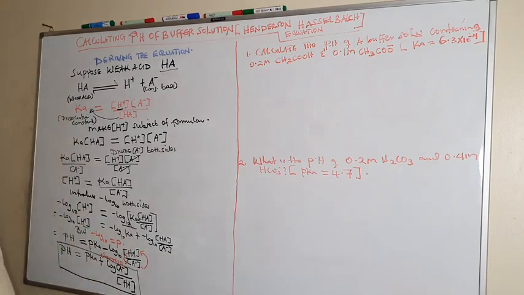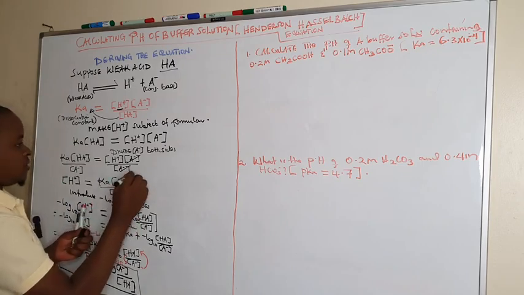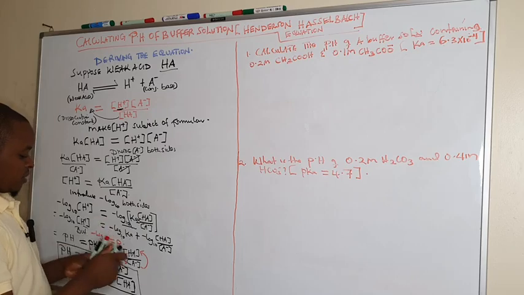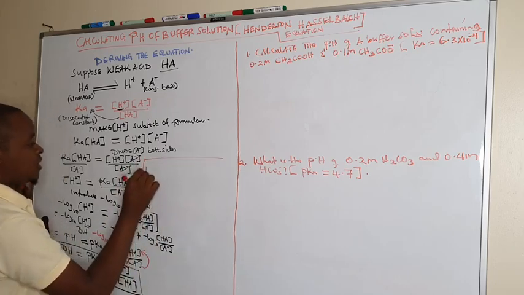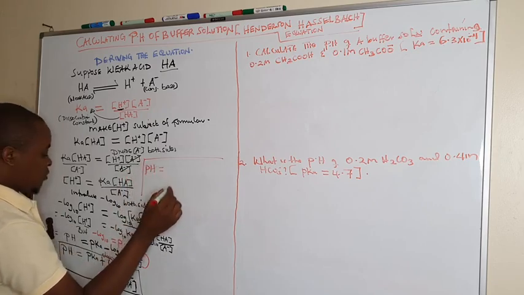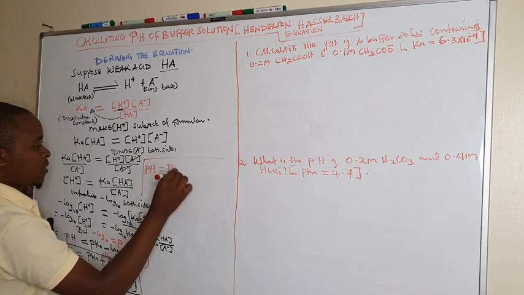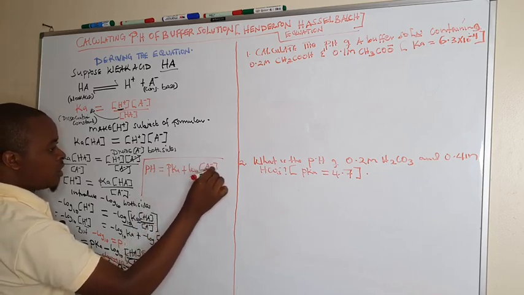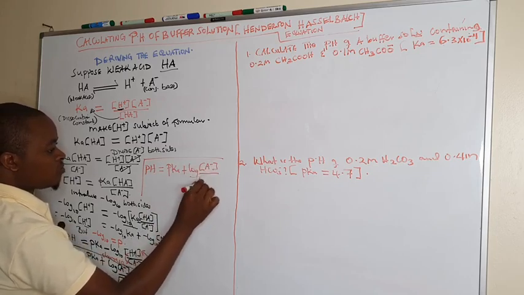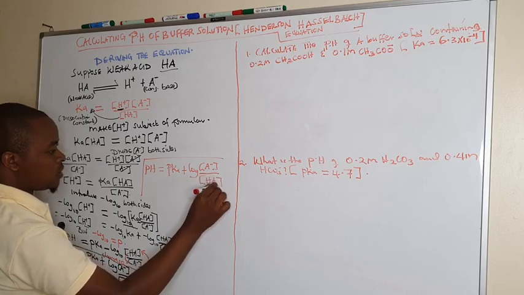So this is the Henderson Hasselbalch equation, which I can write here in red. We have said that pH is equal to pKa plus log concentration of the conjugate base over concentration of the weak acid.